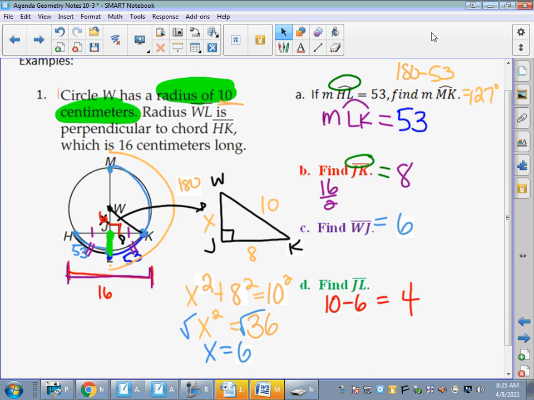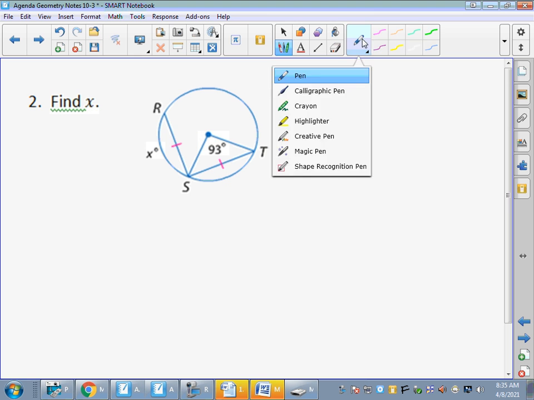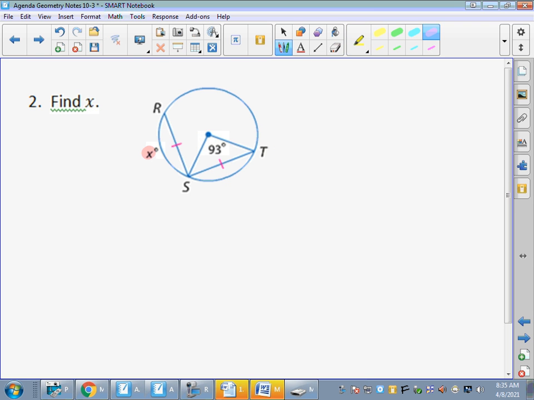All right, let's do a quick talk about number 2, because number 2 is so easy, don't overthink it. It says to find X. X is this degrees over here. This is the very first theorem we talked about. Notice I do have some helpful information, right? RS is congruent to ST. Those two chords are congruent.